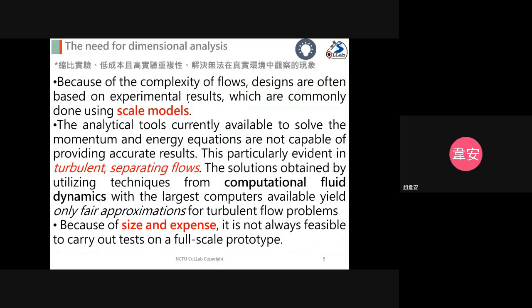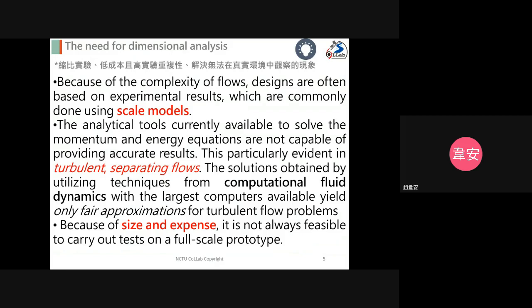The basic idea is that we need to satisfy the scalings from the models to the real case. And because model testing can be conducted repeatedly, that is one of its advantages. Because the cost of model testing is low, we have the advantage of repeatedly conducting model testings.